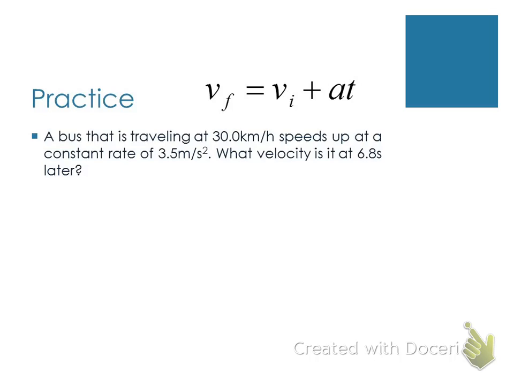First and foremost, we want to start looking at the numbers given to us in our problem. So 30 kilometers per hour tells us what? What variable does that tell us? Initial velocity, good. So V sub I is 30 kilometers per hour. Does that work for us? No, we need to get it to meters per second. So we can use our shortcut here, times 0.2778.